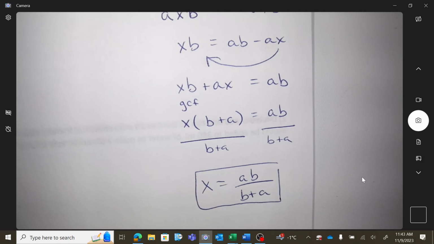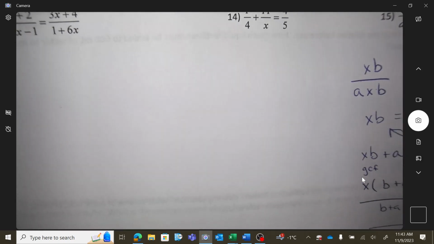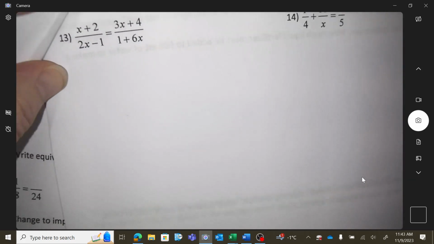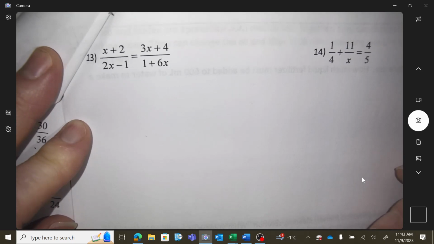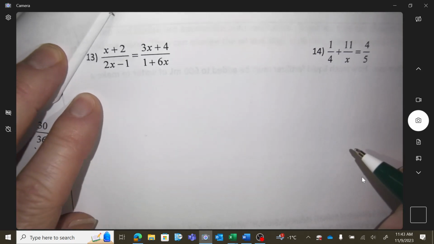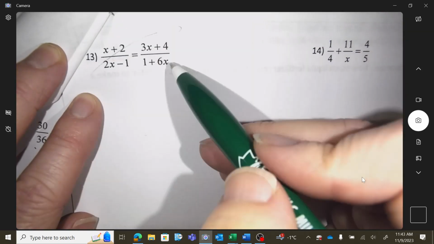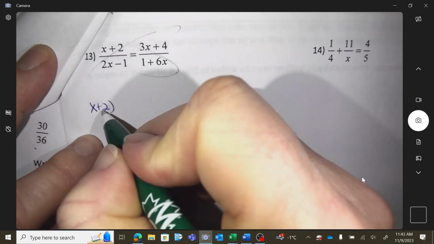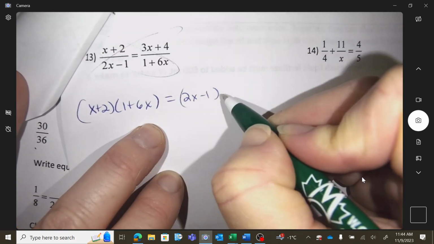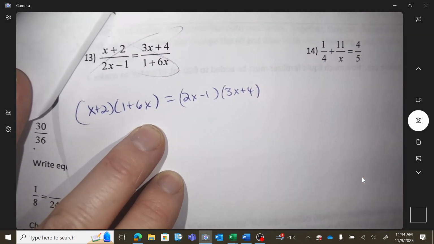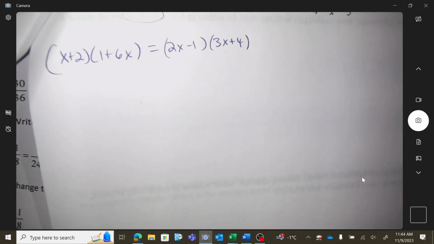Okay, I'm going to do one more together and then you're on your own. So let's pick 13 because it's different. What is your strategy? Cross multiply, good. Right away. Cross multiply. Okay, so I need you to get me some foiling from both sides. I'm going to let you work. I'm going to work.